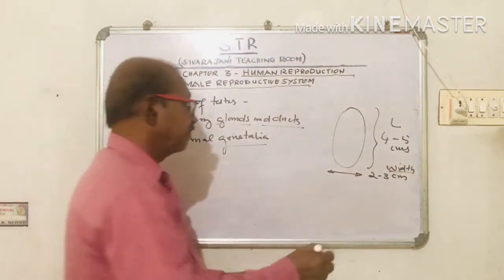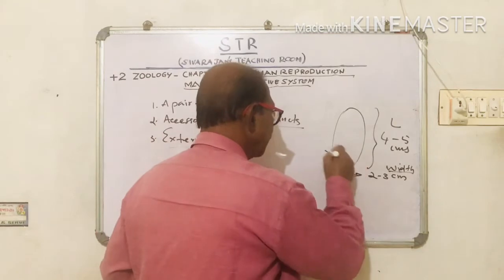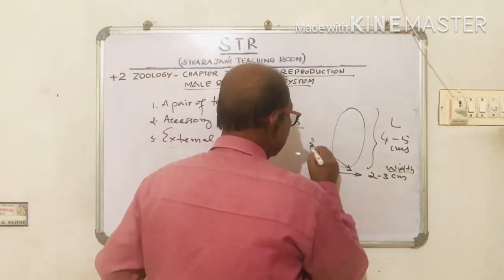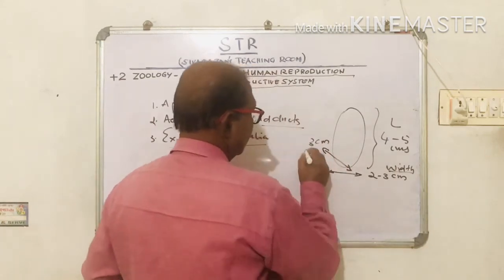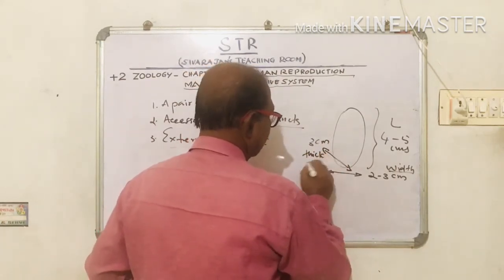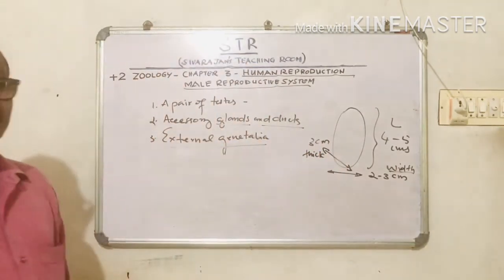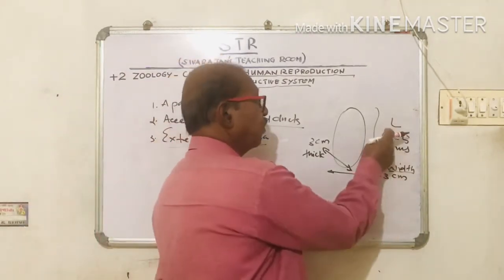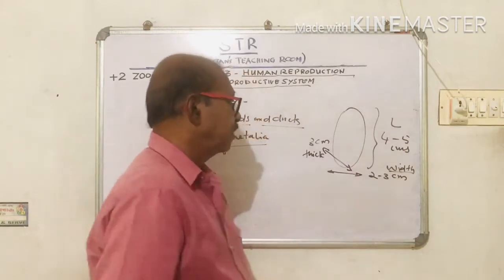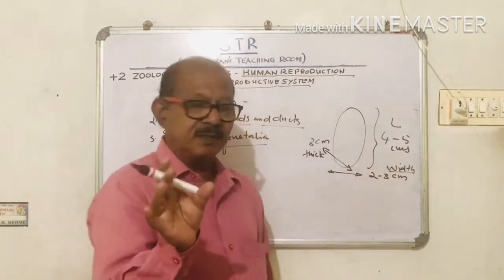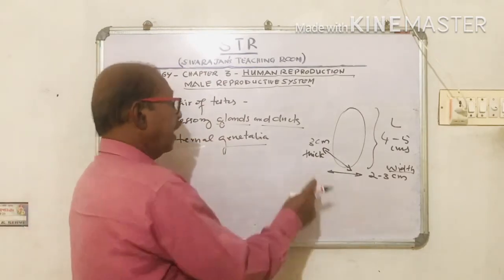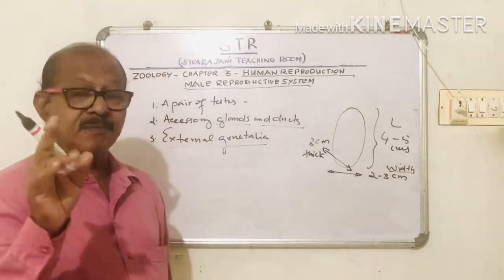So the testis is 4 to 5 centimeters in length, 2 to 3 centimeters in width, and 3 centimeters in thickness. And we know there is a pair of testes.